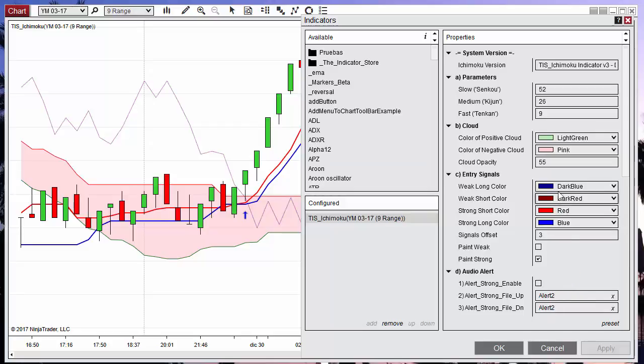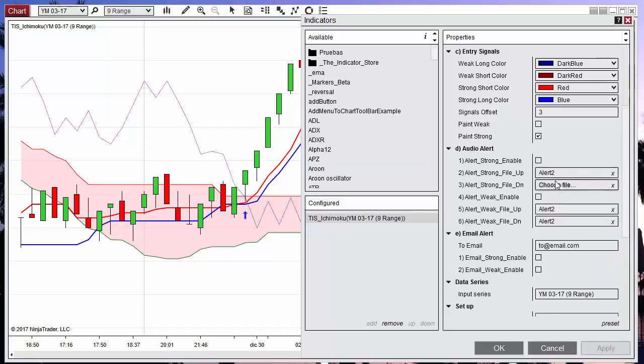We can specify the color of strong and weak signals, so we can use Markers to automate these signals. And we can also specify emails, assuming our setup is slow enough to give us time to reach our computer to take a decision.